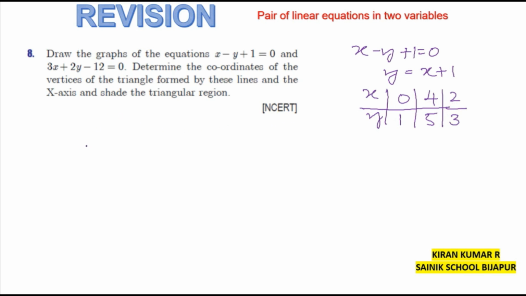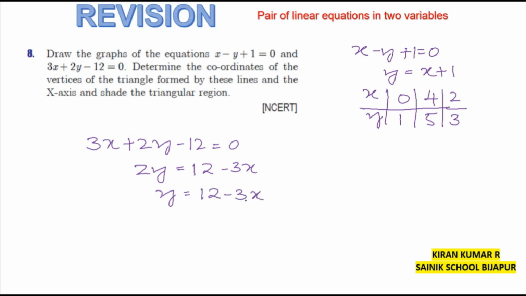Let me take the second equation, 3x plus 2y minus 12 equal to 0. So 2y will be equal to 12 minus 3x, so y will be equal to (12 minus 3x) upon 2. Now if you take the value of x to be 0, y value becomes 6.